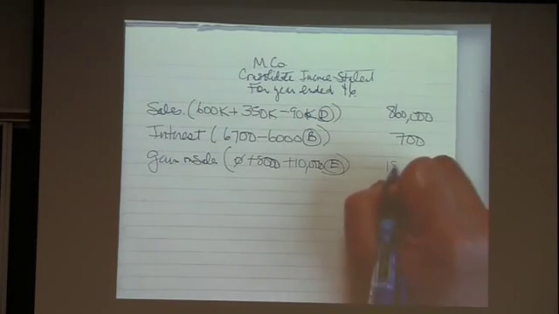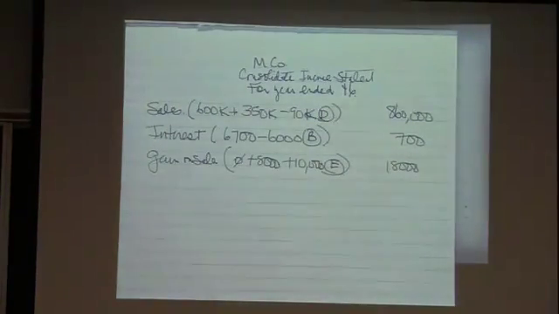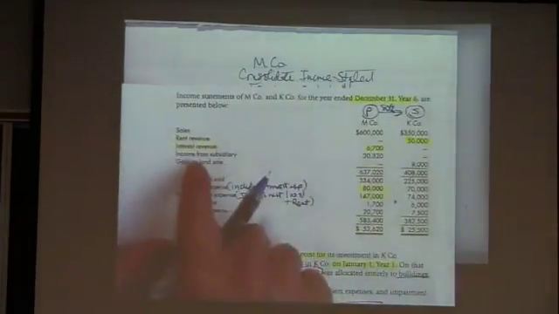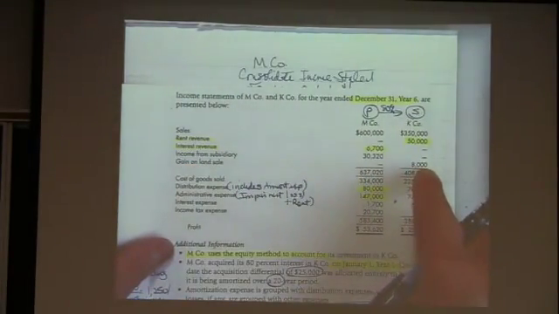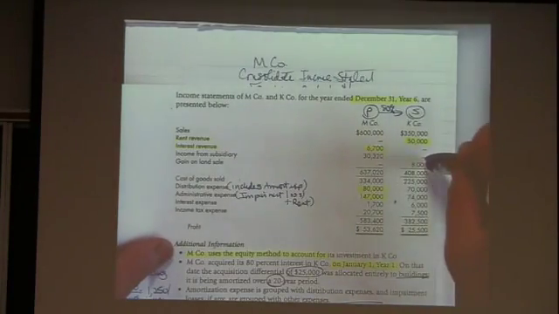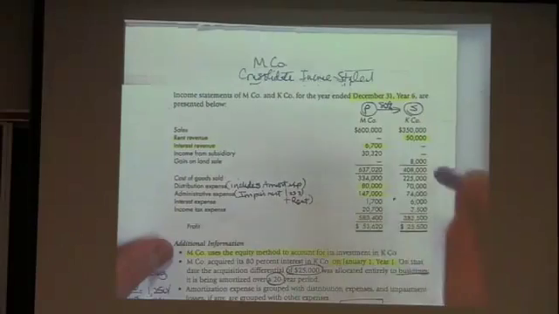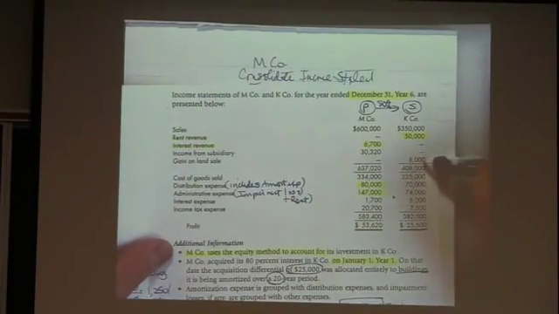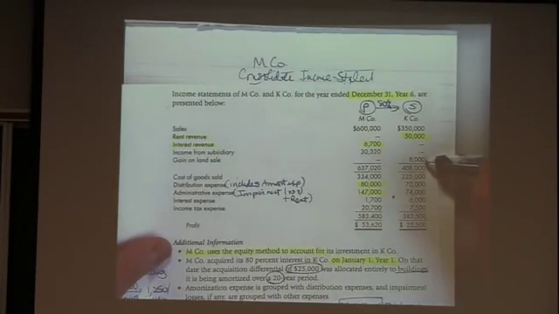And that's 18,000. Now, in the question, there was a gain on sale of land, but again, that gain on sale was M selling to K, and K would have recognized that finally to a related party.